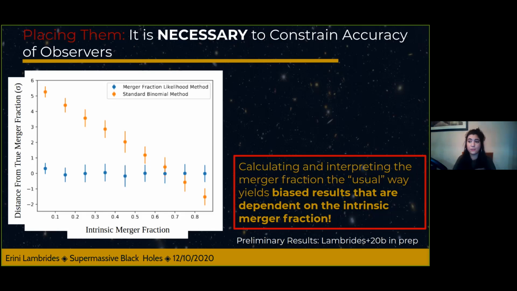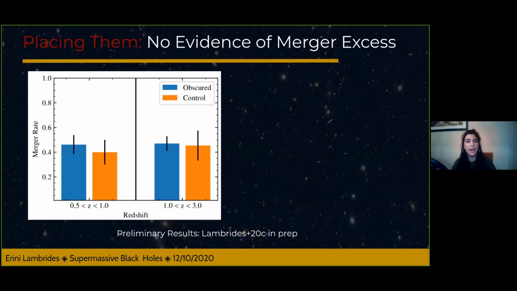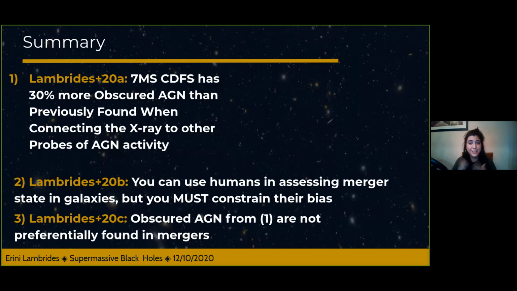And so we construct a Bayesian model which takes into account the accuracy of all of the set of human classifiers, and figures out the merger probability of not only an entire sample, but of an individual galaxy. And we run that on our sample of obscured AGN and a matched control sample in mass and in redshift. And we find no evidence of merger excess, no matter which way we slice and dice the sample. These are preliminary results.